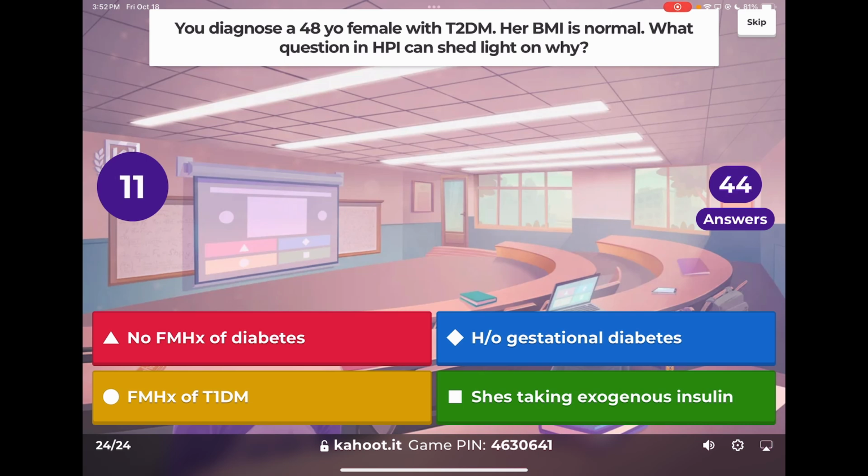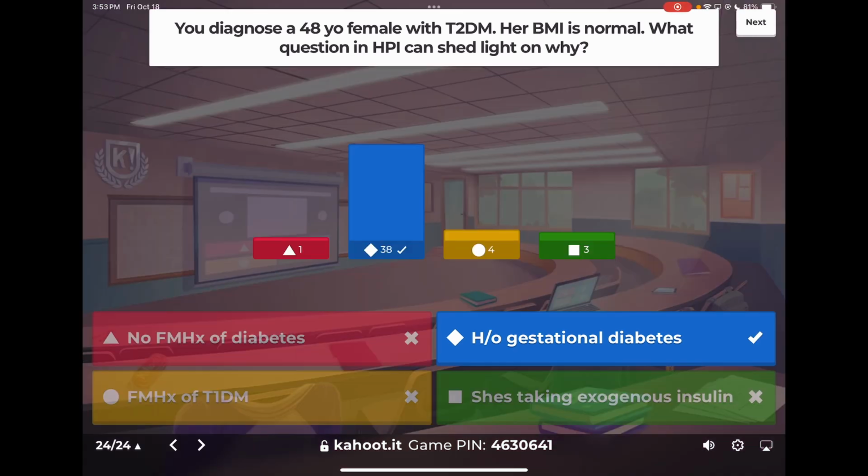So no family history of diabetes. Which one, type 1 or type 2, is more genetic component? Type 2. So there's no family history. That won't give you any answers. Family history of type 1 doesn't matter. She's taking exogenous insulin. That won't cause her to get diabetic.